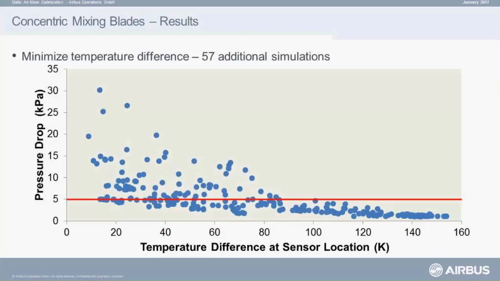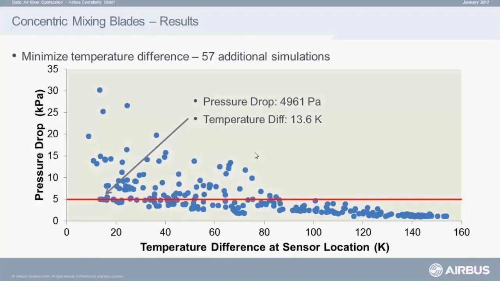So as I said before, once we reached already quite a nice geometry, we want to optimize that region a little further. Therefore, an additional 57 simulations were done, where we only focused on the temperature difference.